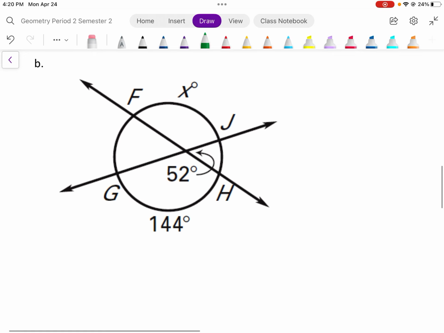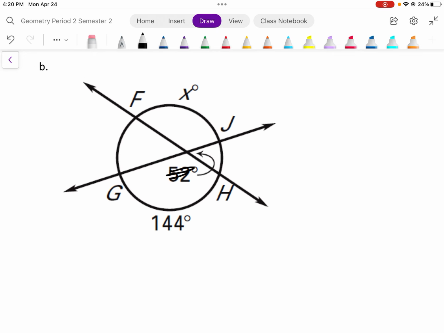So if you look at example B, this time they gave us that this angle over here was 52 degrees, and they want us to solve for X. We do not know what the angle is opposite of those two arcs where there's the variable we're looking for. But we do know we have a flat line angle here, so we are able to solve for that angle we need.